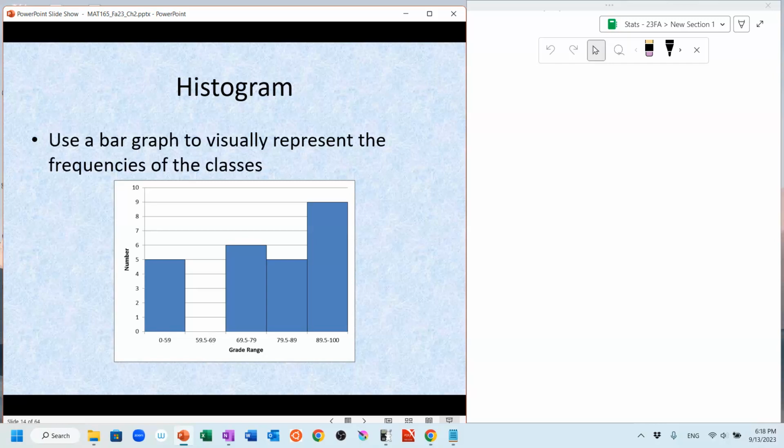We don't squish the bars together or anything like that. We just leave a space there. The next bar over, again, same width as the first 2 classes, but the height for this one is 6 units. There were 6 folks who scored in the 69.5 to 79 range. So that bar of the histogram gets height 6. Then 5, and then 9 for the 89.5 to 100 class.